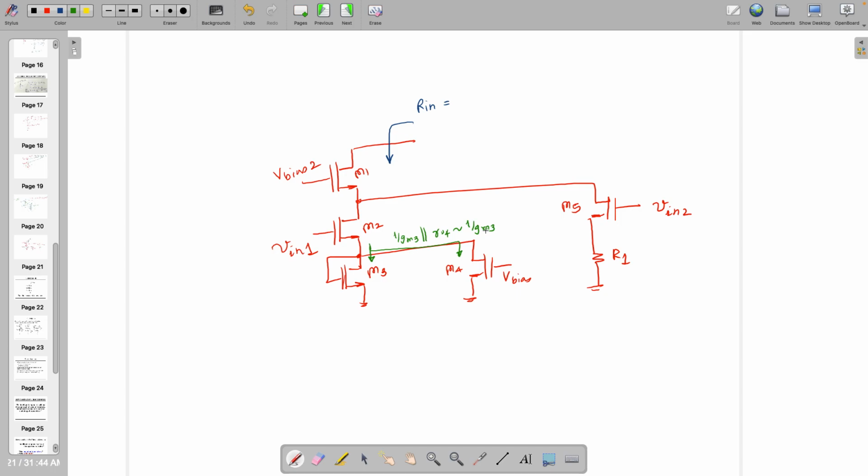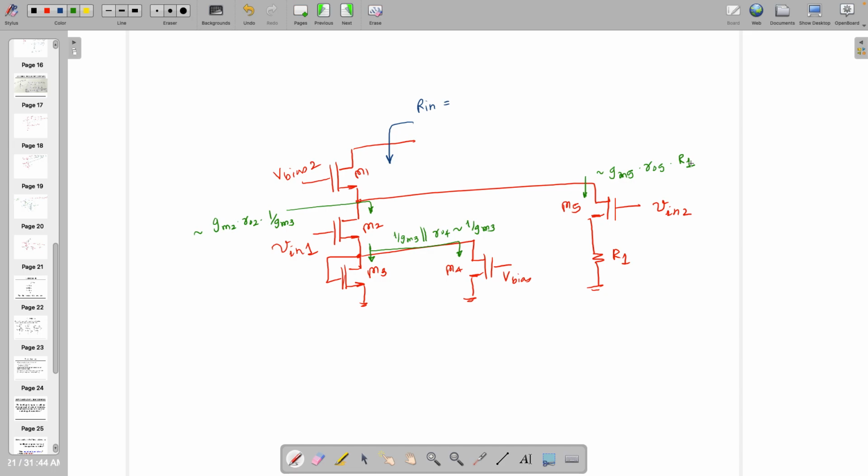Okay, looking from here, where M2 and then two transistors are in shunt, what is the value? GM2 RO2 into that. Looking from here, what is the value? GM5, Abhishek is saying something here.